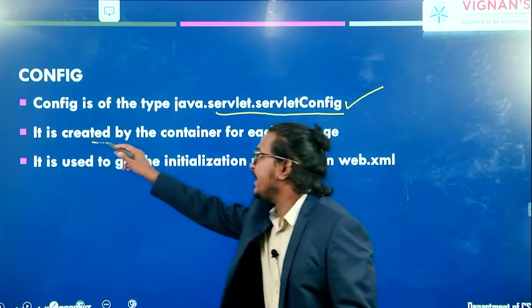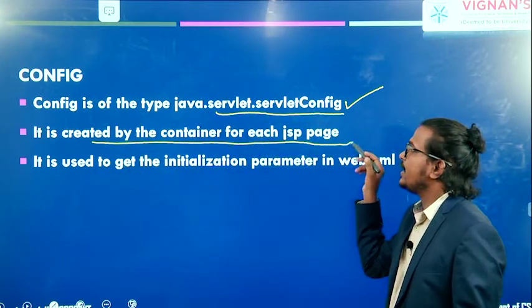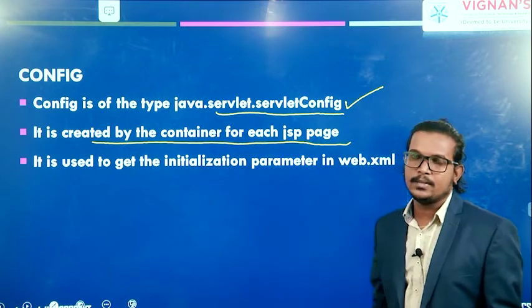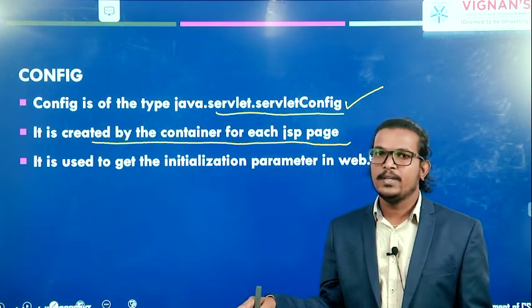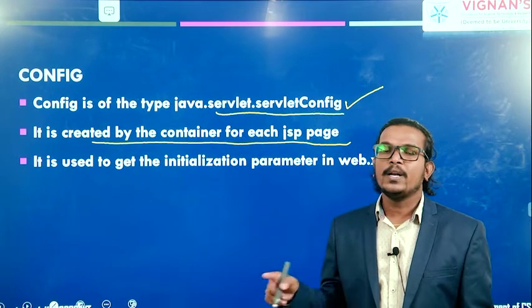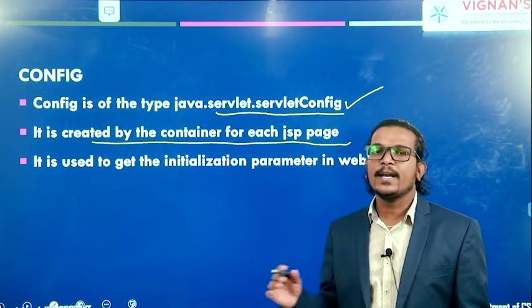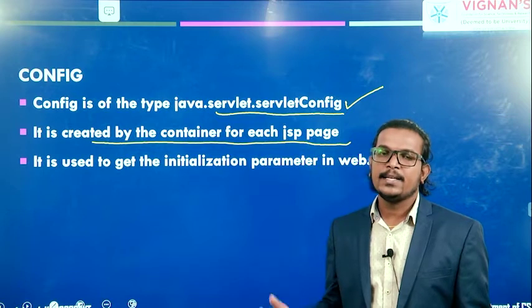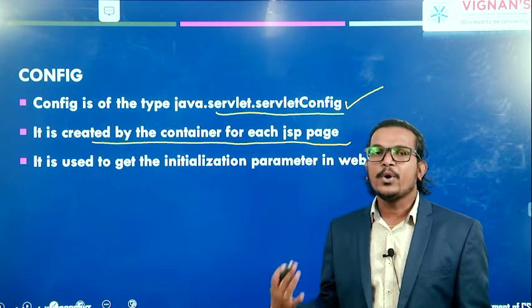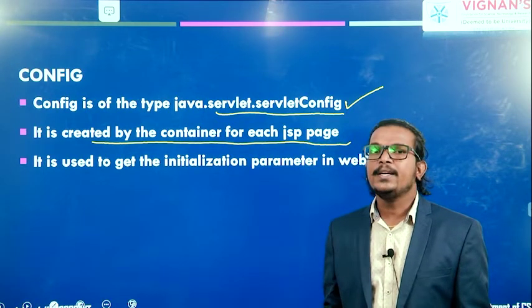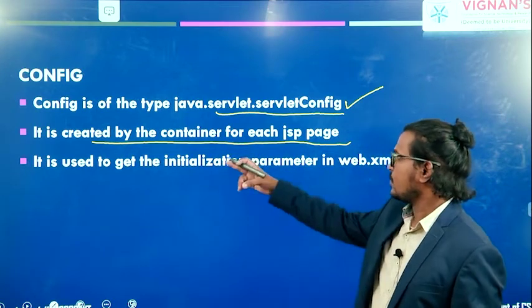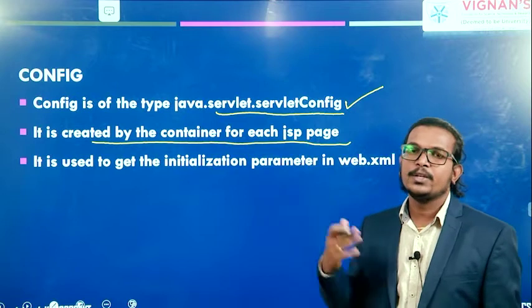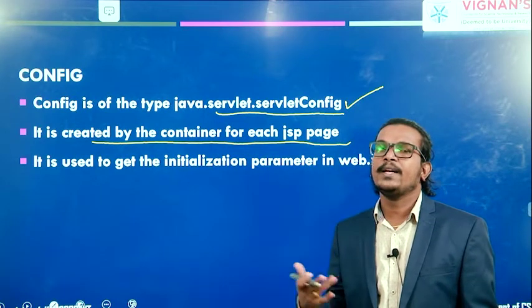It is created by the container for each JSP page. Whenever you send one request to your server with the help of JSP, in our server we have the JSP container. With the help of that JSP container, in each and every application we have different pages, right?